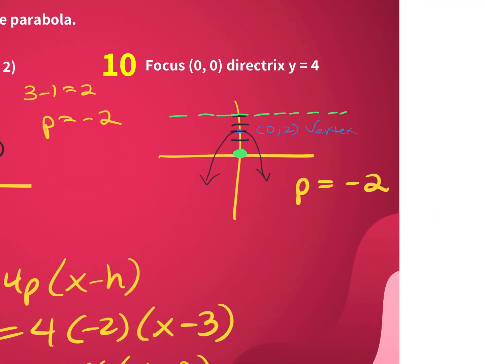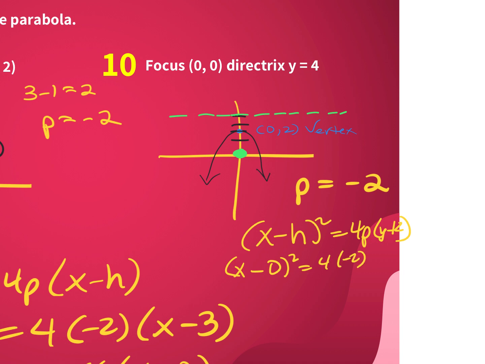So because my vertex is not at 0, 0, I need to use my (x minus h) squared equals 4p times (y minus k). So let's fill it in. My h of my vertex is 0. My p-value was -2.